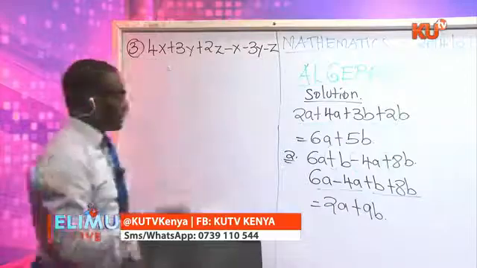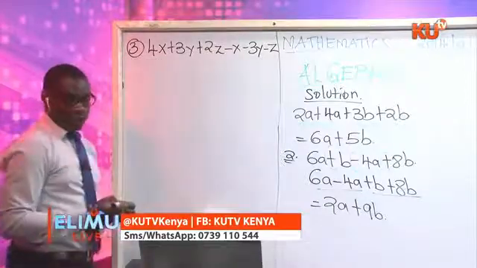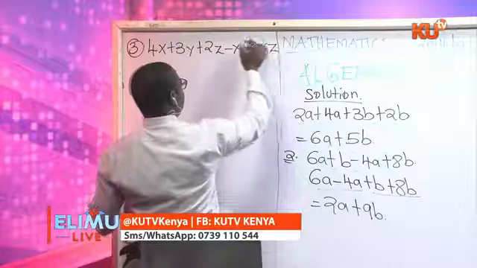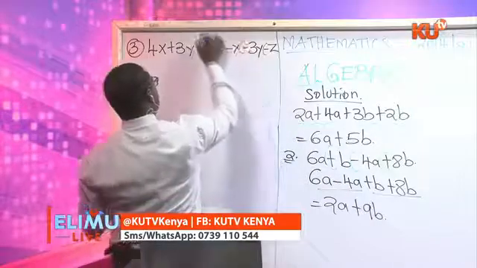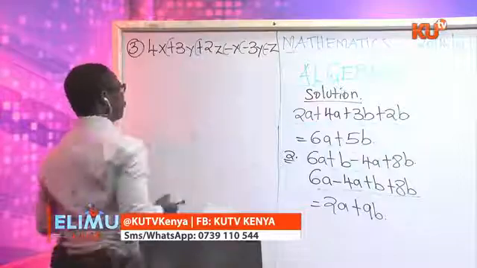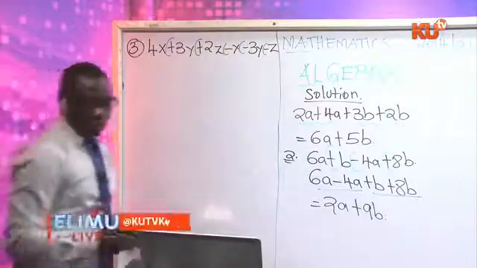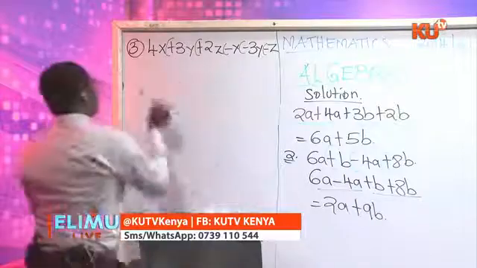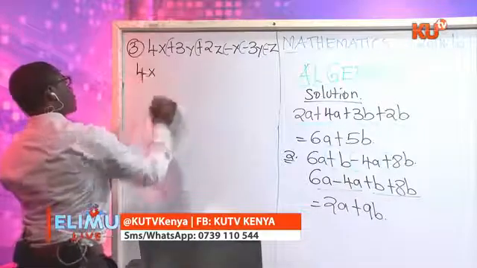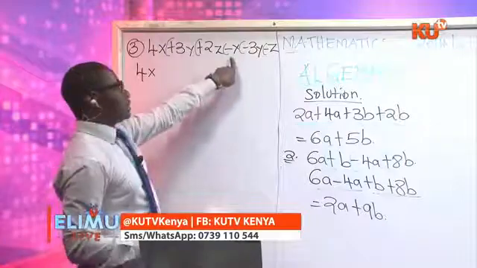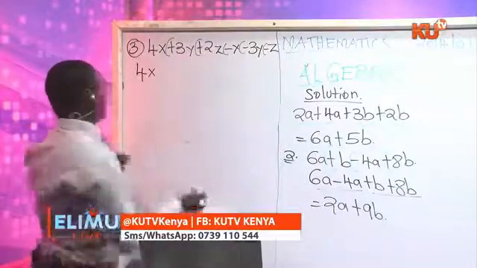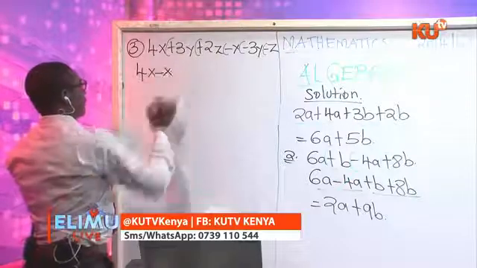What's the first thing that we do? You can answer at home. The first thing, we share the signs. So you pick a number and the sign that comes before the number. It's important to show that to avoid confusion. That's the first step. The second step, you collect the like terms. So we have 4x. You look for another x that is there, which is minus x. So we are picking that letter with the sign that comes before, minus x.